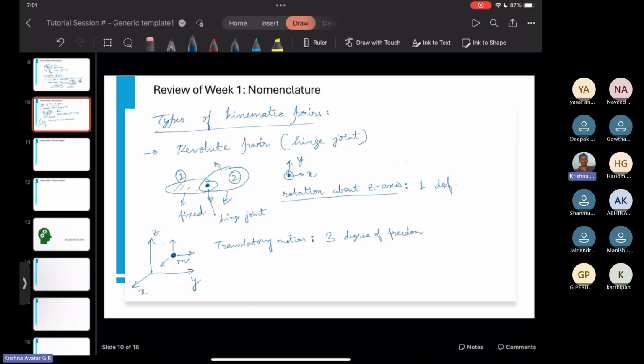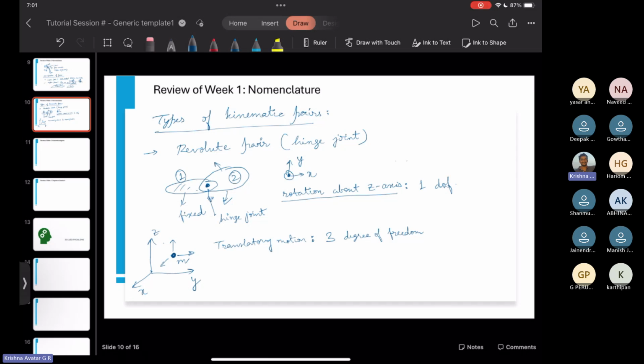That's what we call degrees of freedom. So the word is minimal coordinate set in classical mechanics. So that's why I'm starting from the very basics, that a point mass has three types of translatory motion along the X, Y, and Z coordinate directions.